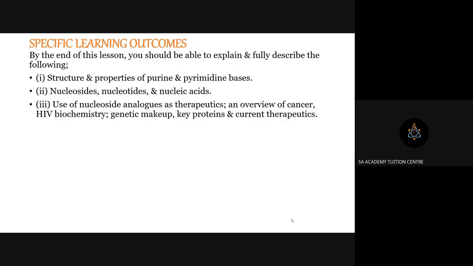Why are we asking you to draw the structures? Because at a later stage, when we come back to doing nucleic acid metabolism, we'll see how the liver, or the hepatocytes, synthesizes the purine and the pyrimidine nitrogenous bases.